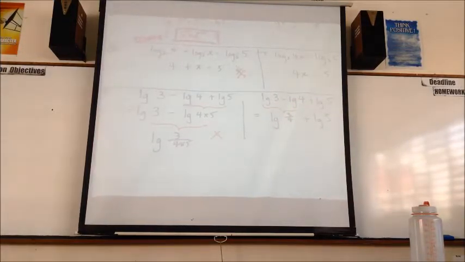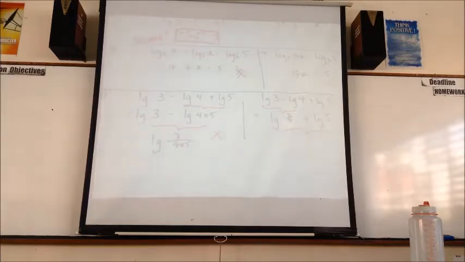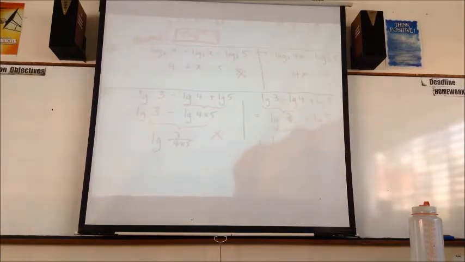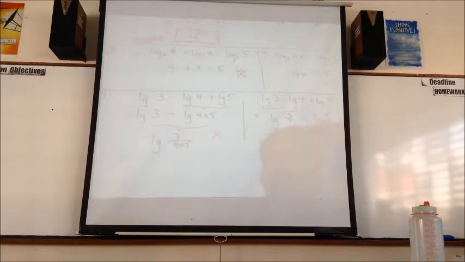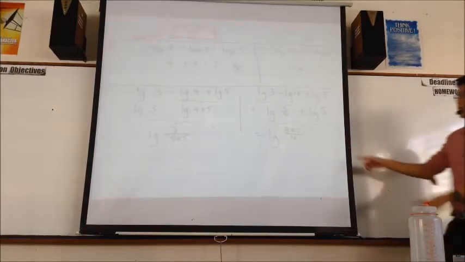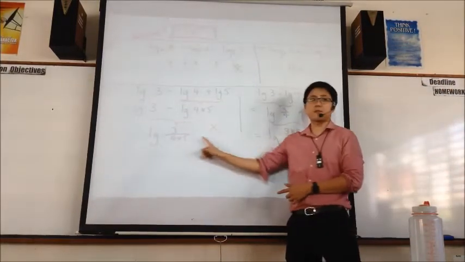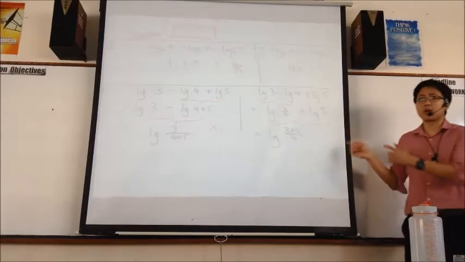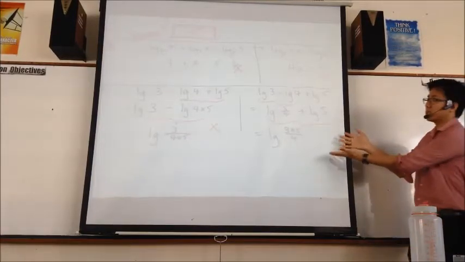If you combine again, what happens? You get log 3 times 5 over 4. What is the difference? The 5 is either at the bottom or at the top. Which one is the correct one? This one is the correct one.